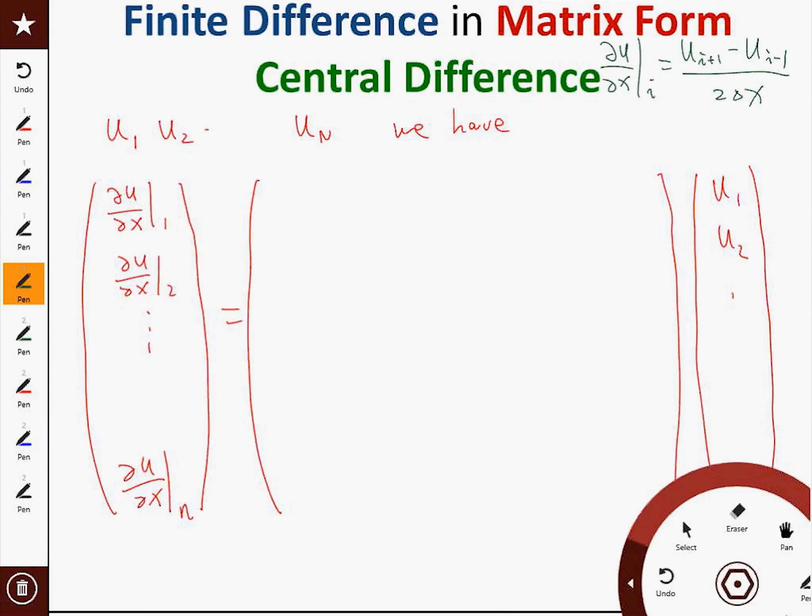So n plus 1 is equal to 1. Now, what is the first line of the matrix with that periodic boundary condition? What happens if I want the approximation of the derivative at 1, when I is equal to 1?